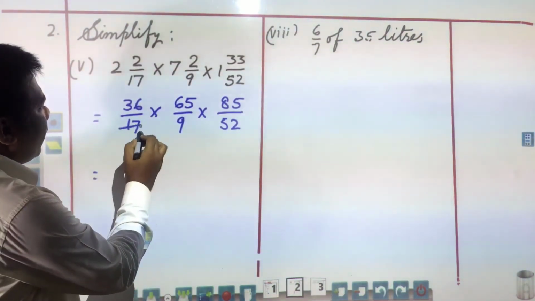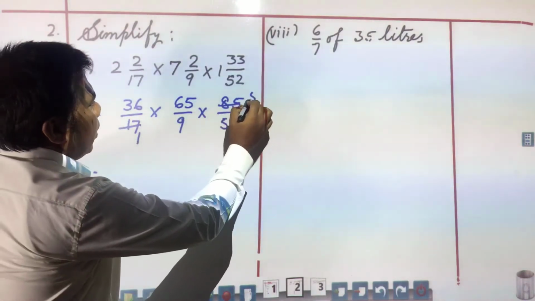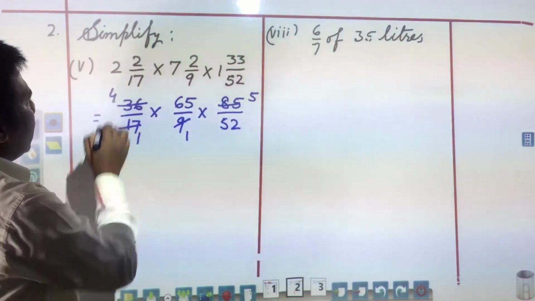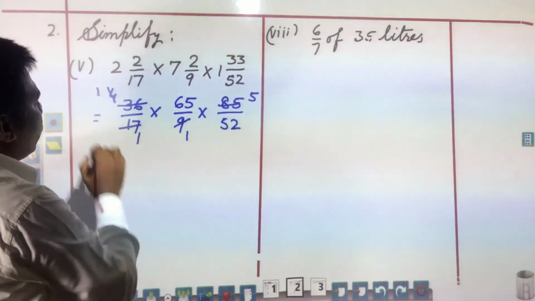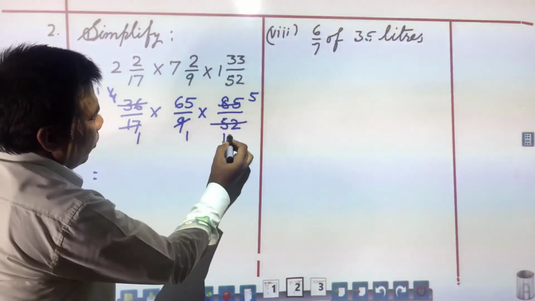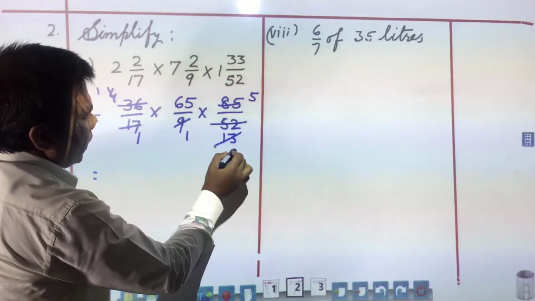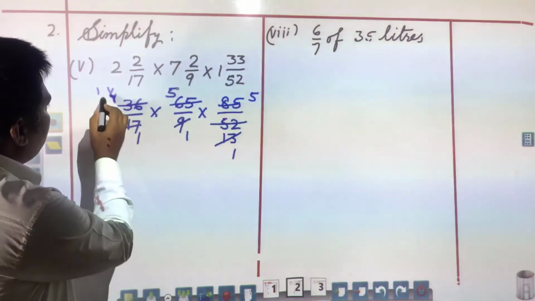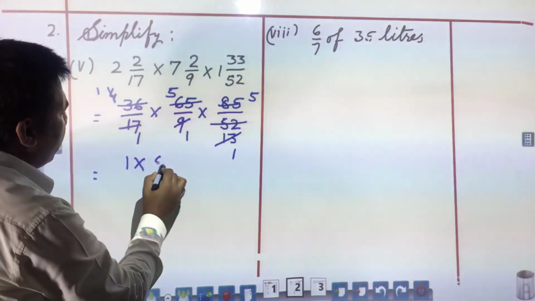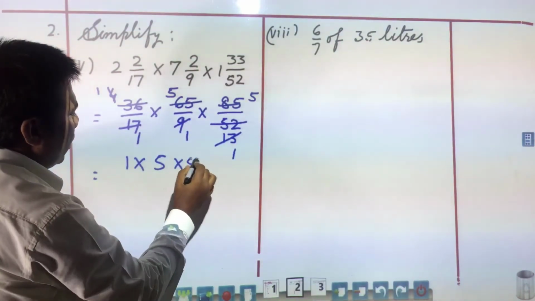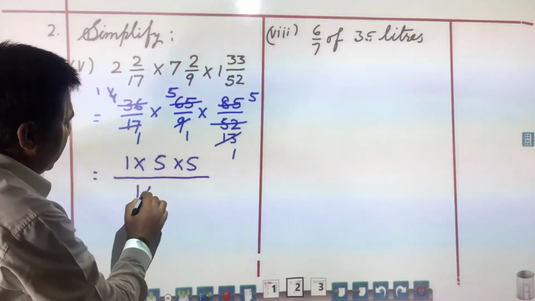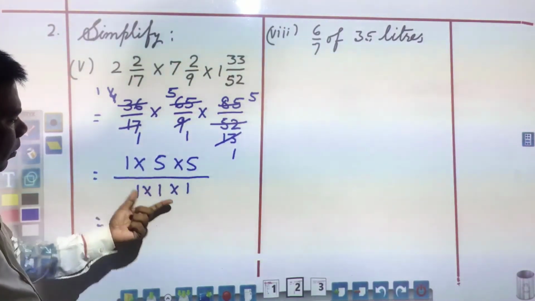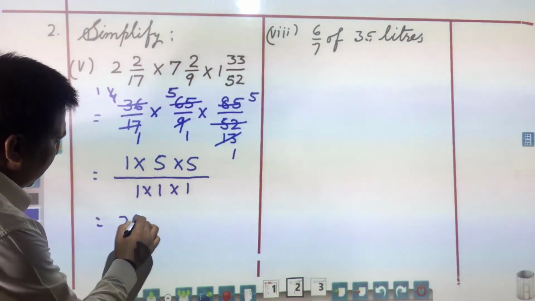Here you see 17 ones are 17, 17 fives are 85, and 9 ones are 9, 9 fours are 36, 4 ones are 4, 4 threes are 12, 13 ones are 13, 13 fives are 65. So, what you are left with: here you have 1, here you have 5 and here you have 5. In denominator you have 1 into 1 into 1. It means finally you got 5 fives are 25, divided by 1, it means 25, and this will be your answer.